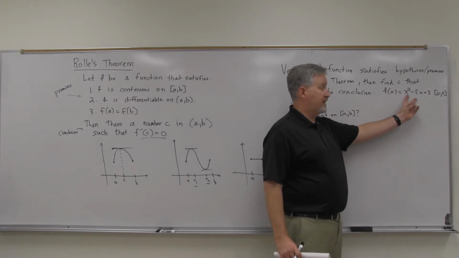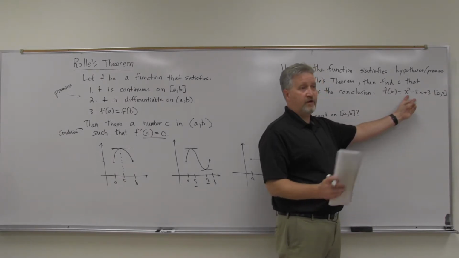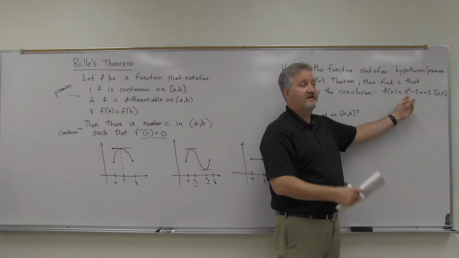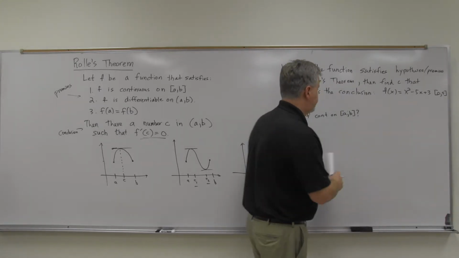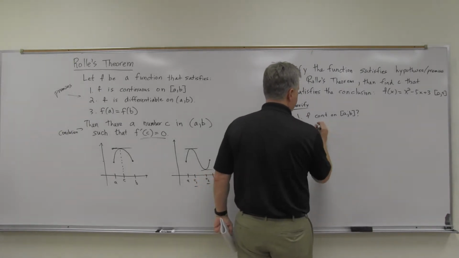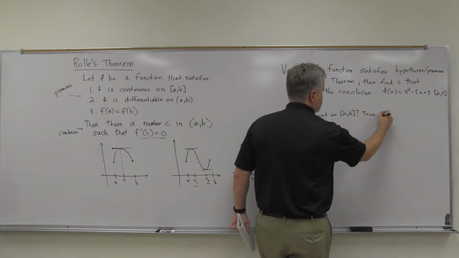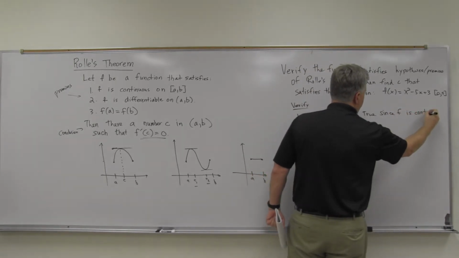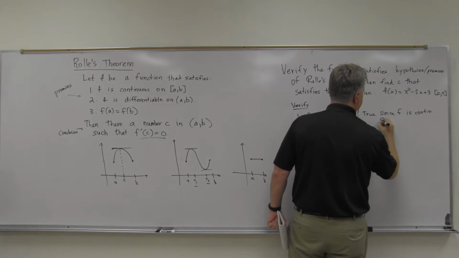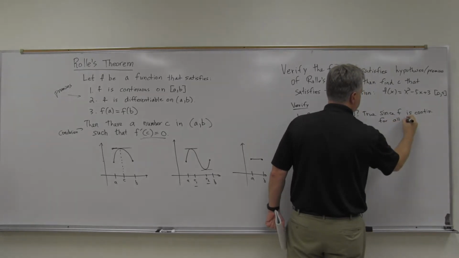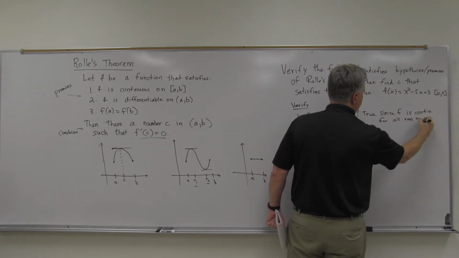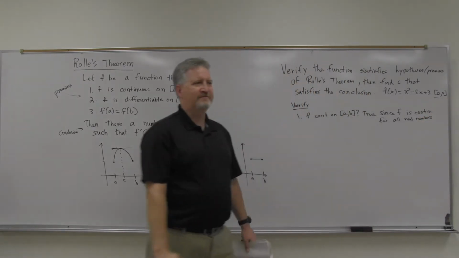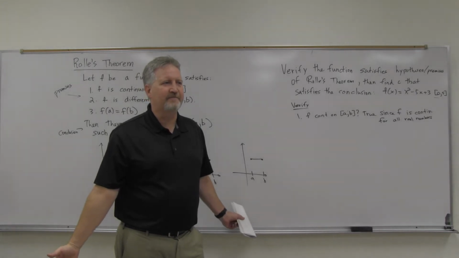Does this function have any jumps or breaks whatsoever? No, it's just a polynomial function. It's continuous for all, so that's true. Since f is continuous for all real numbers, it's certainly continuous on [0, 5].